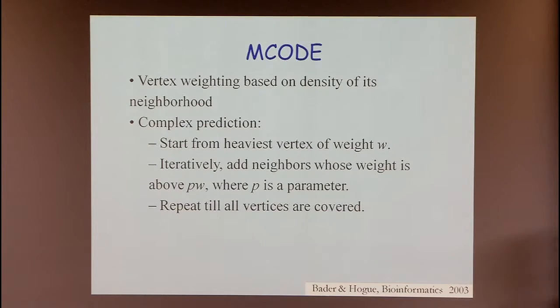And so you start building complexes. Once you cannot add vertices to an existing complex, you put it aside and you continue until you cover the entire graph. Then there is a post-processing step that I will not talk about. So the only detail that I didn't tell you is how do you weight vertices.